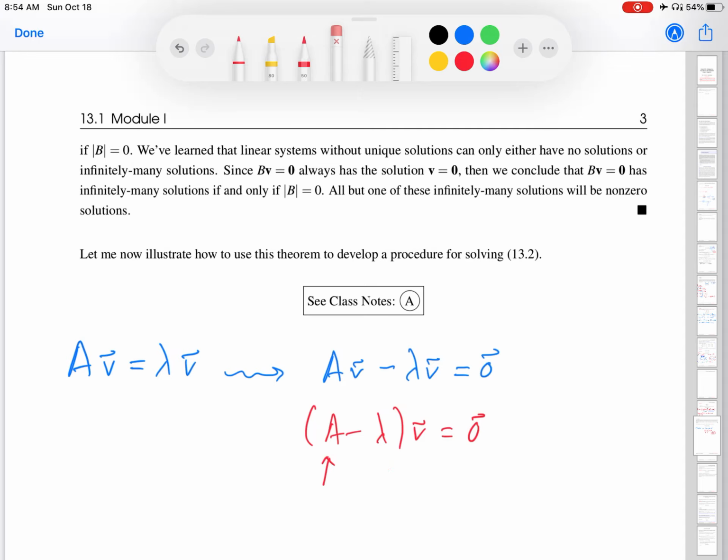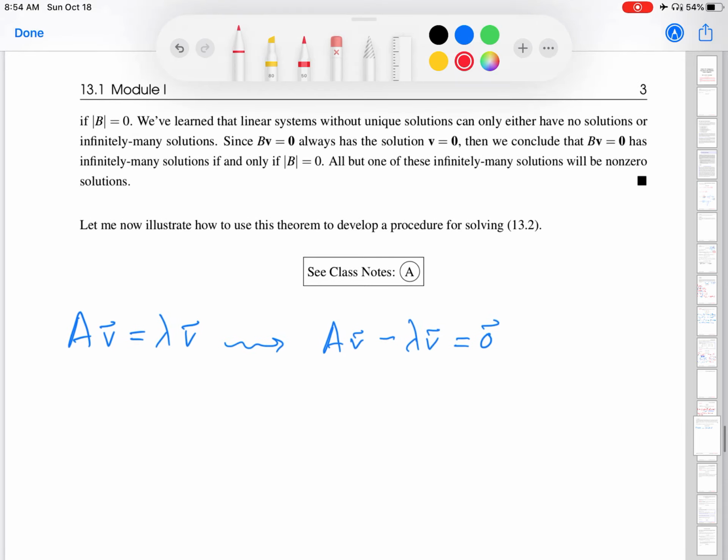We have no definition for that. So to factor out the V correctly, what we need to do is recognize that if I were to write out this portion, AV, I would get A11 V1 plus A12 V2.